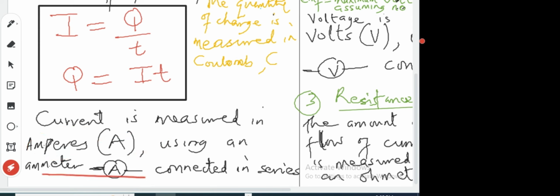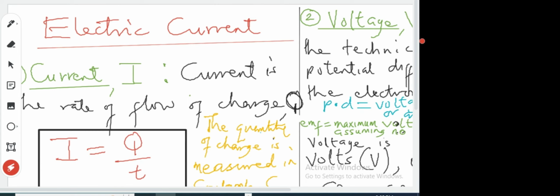And of course, just for simplicity of expression, current is represented with a capital letter I.